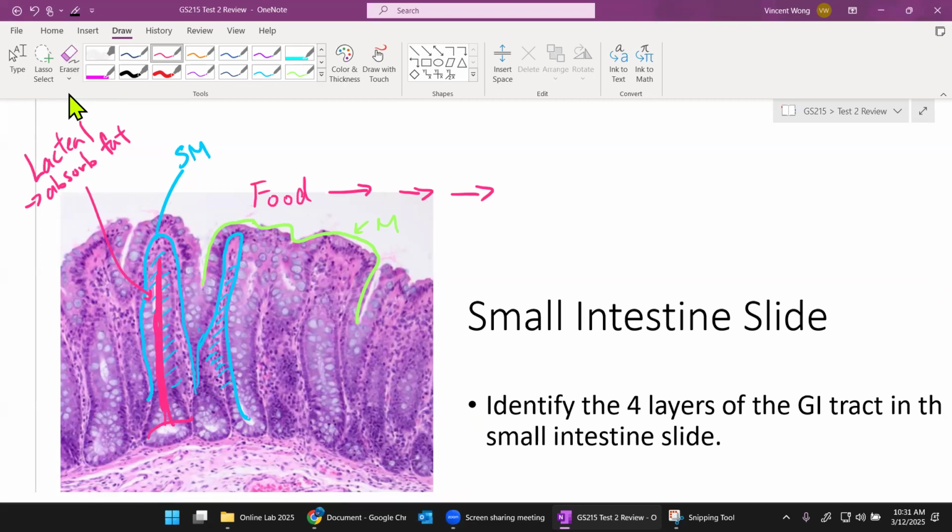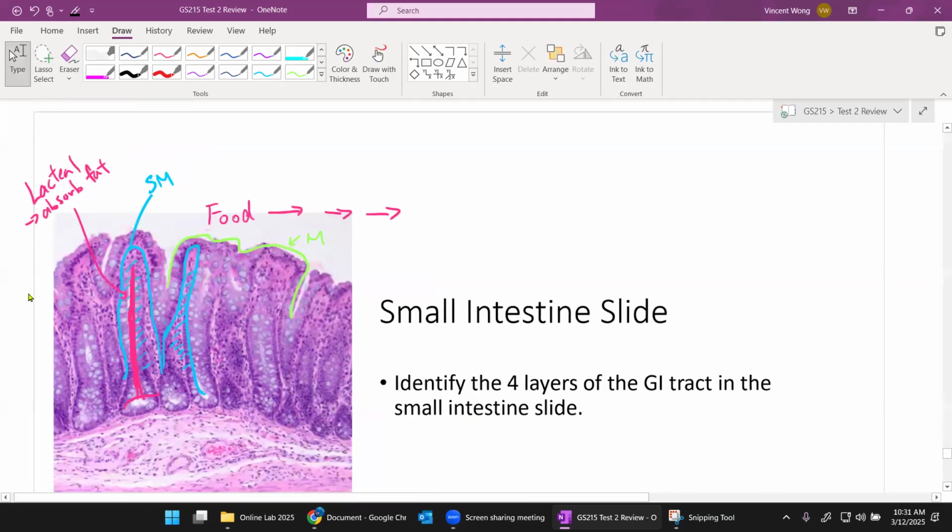Other nutrients are absorbed directly into the blood, but fat is going to travel through the lacteal and gets processed in the liver first because it cannot mix directly with the blood.